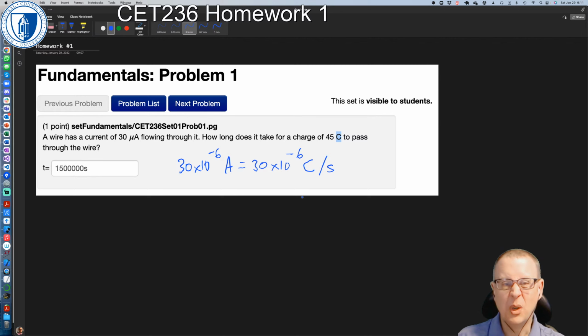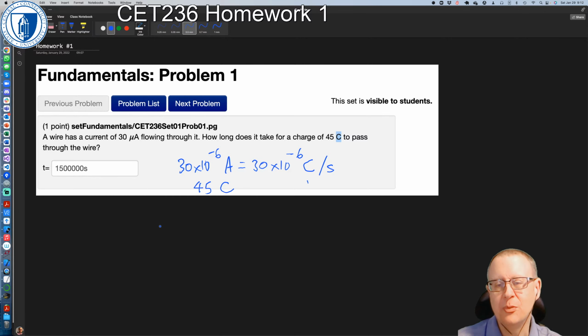And we're after an answer of seconds. The other number we have is 45 coulombs.